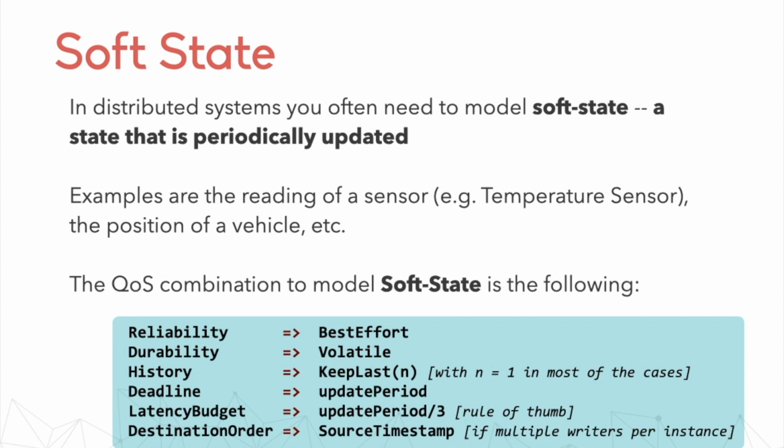What you want to use in this case is best effort reliability, volatile durability, and keep last n for history, where typically n is 1 in most cases. But if you want to do filtering on this, you would set n to the number of taps in your filter. Your deadline would be the same as the update period. The latency budget, as a rule of thumb, you can set to 1/3 the update period. And then you want to use source timestamp if you have multiple writers per instance.